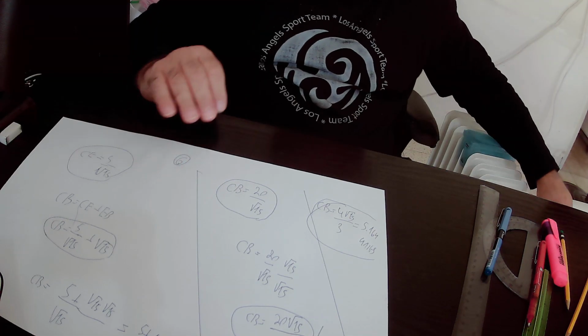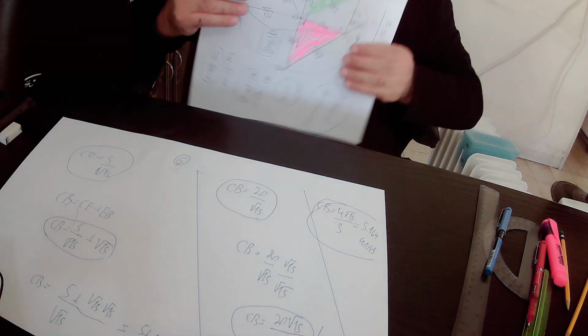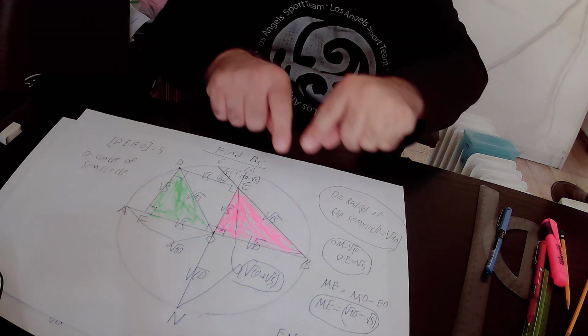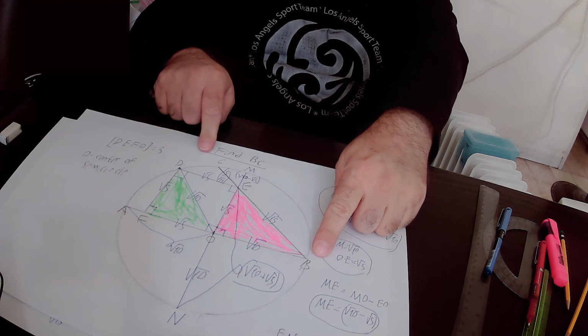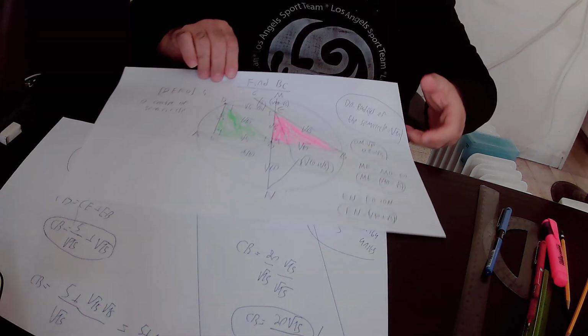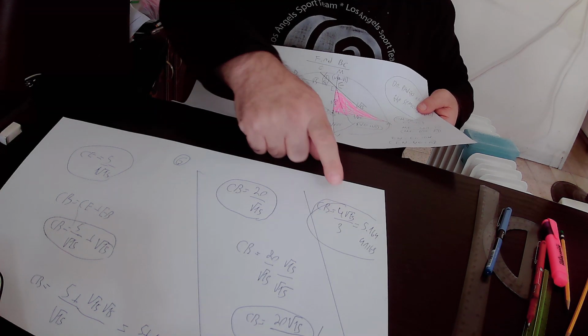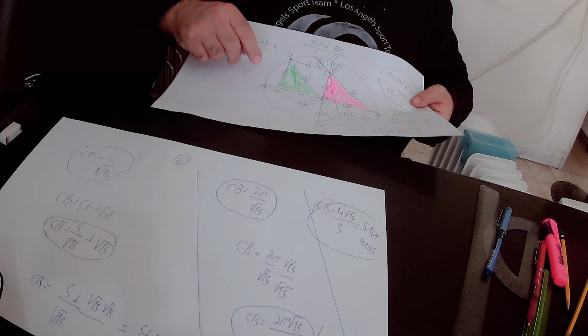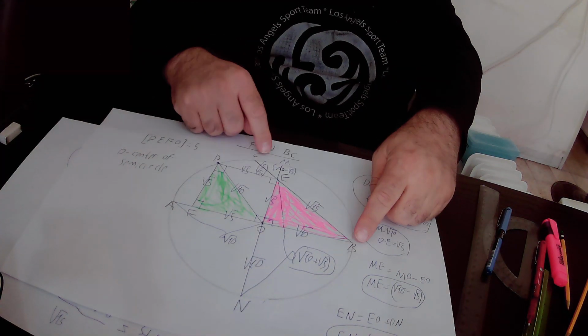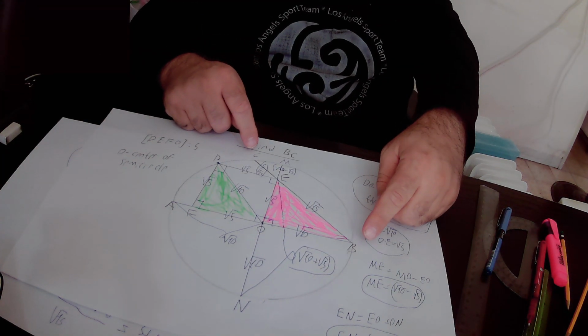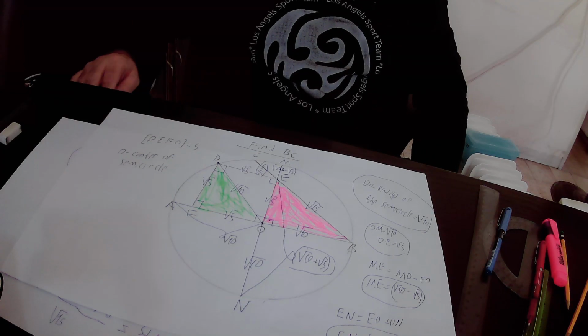I'll repeat again. We found that the length of this chord called CB equals either 4 times the square root of 15 over 3 units, or in terms of numbers, this line segment CB equals 5.164 units. Okay, thank you very much.